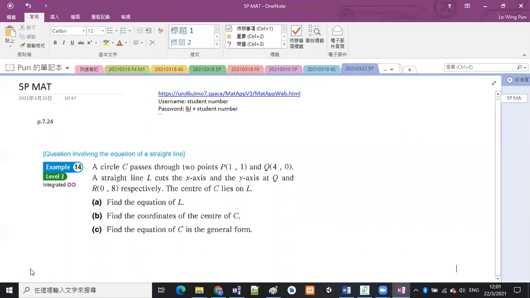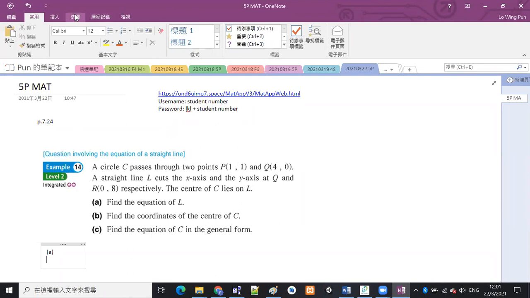題目叫我哋揾 equation of L，而 L 係一條直線嚟嘅，所以我哋即係要揾一條 equation of straight line。咁我哋就會記得係用 point、slope、equation 呢3個 step 去做嘅。So what information do we have about the straight line L?